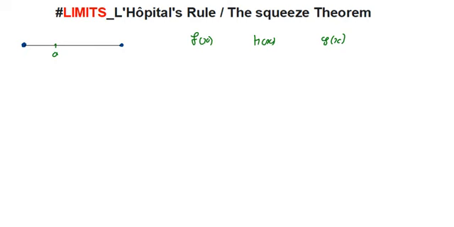Okay, I'll use uppercase B. So f of x, h of x, and g of x are functions within the interval B. Within this interval B, you are going to have a value of x, maybe somewhere here, and it's the same thing that I was saying.